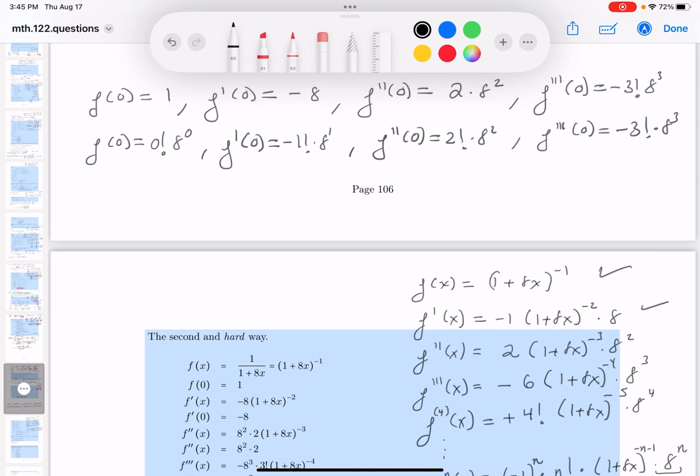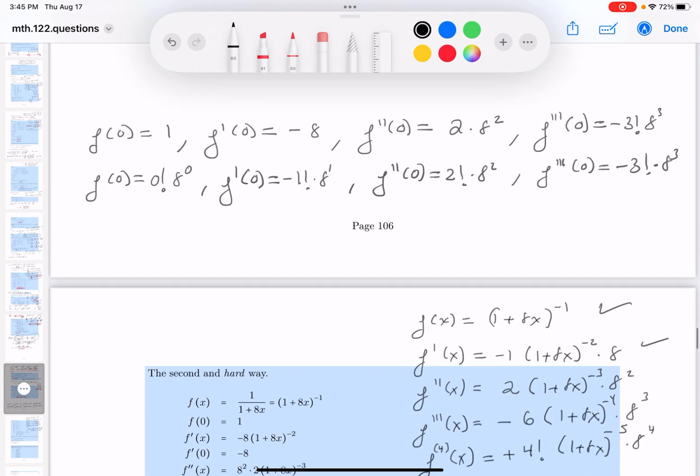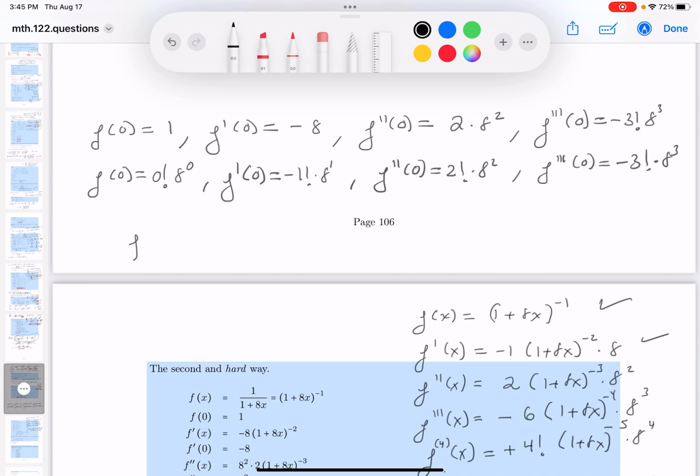So, you could write down the polynomial now, and it's really not bad to do. You can write it as a sum. Let's write it down. F of x is equal to, on some interval, the sum from n equals 0 to infinity.